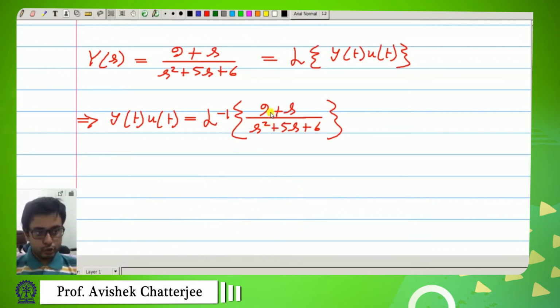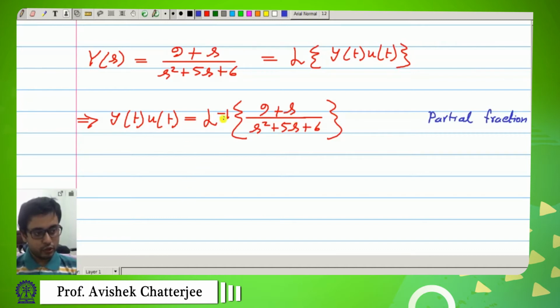Now, to reduce this function as a combination of standard Laplace transforms, one trick we always use, that is called partial fraction. We will learn this with examples.